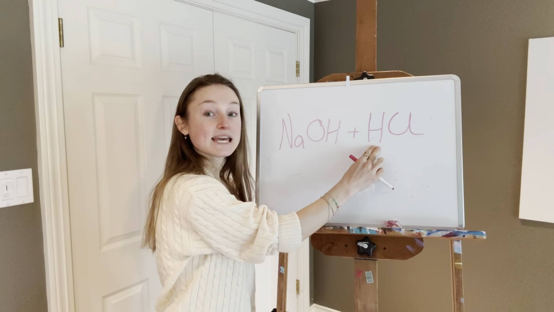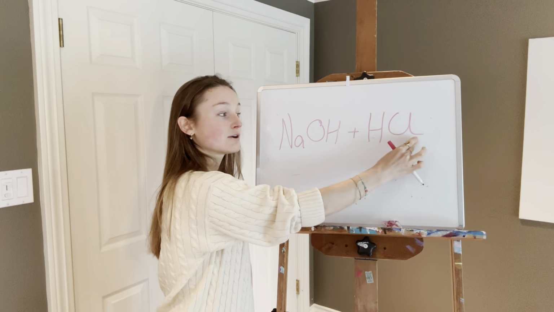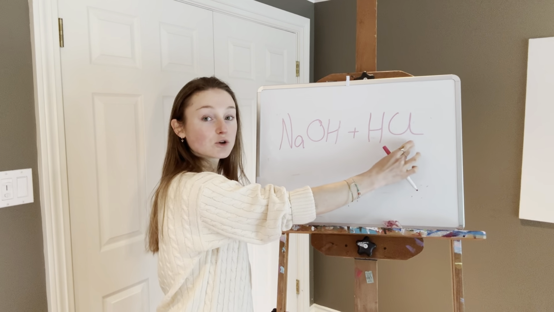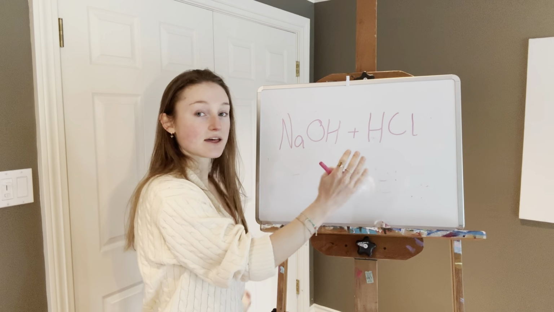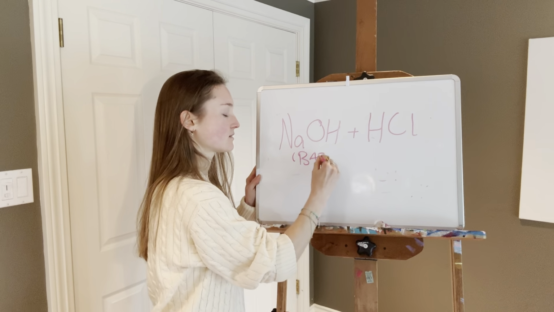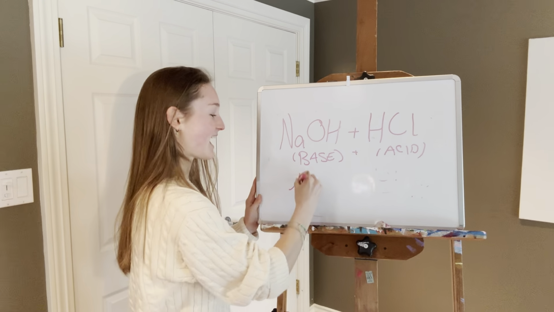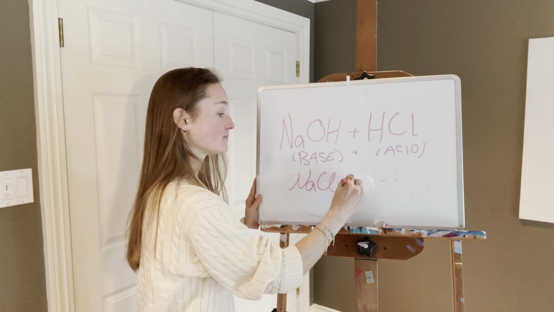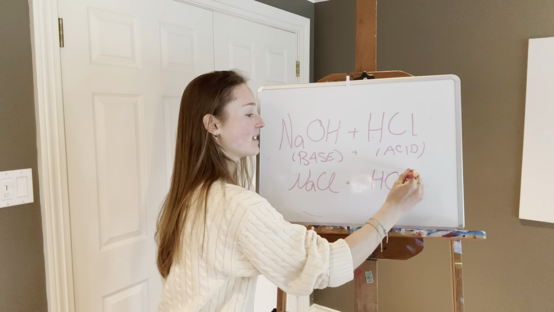NaOH plus HCl. Here is your proton. Here is your negatively charged chlorine ion. When these two molecules react together, the base plus the acid, we make a salt, NaCl, plus a water molecule. HOH.